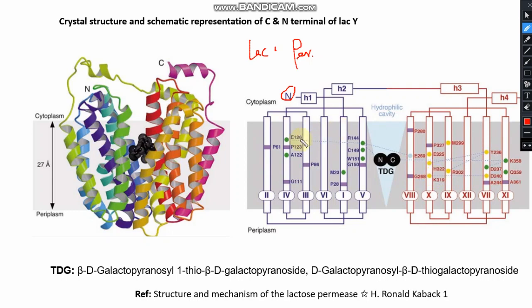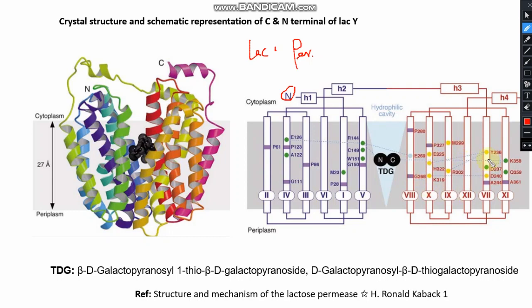If you take a closer look, you can see some green color amino acid residues. These green color amino acid residues are responsible for the substrate binding, as I mentioned already in my previous slide. Here you see around 6 amino acid residues responsible for that. The yellow color amino acid residues are responsible for the proton translocation.